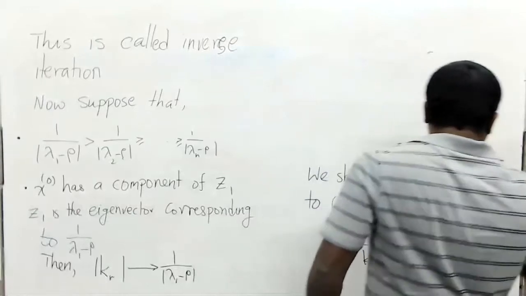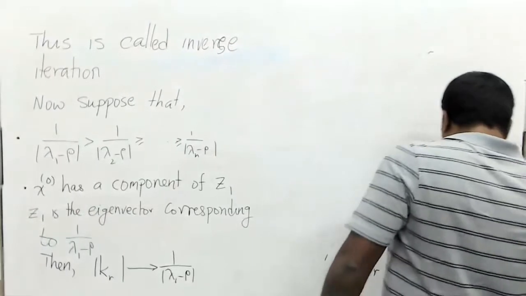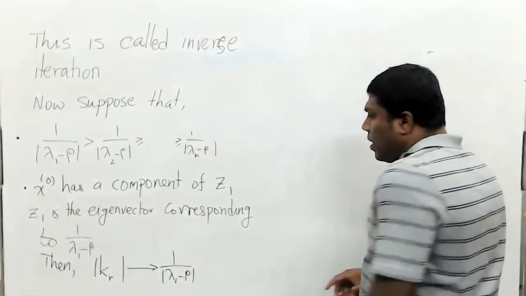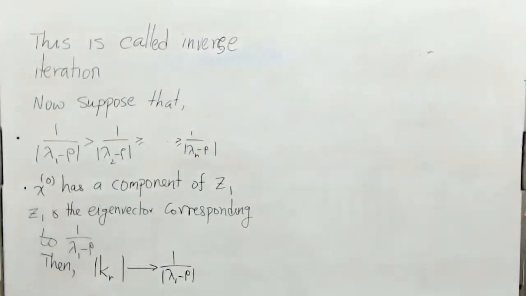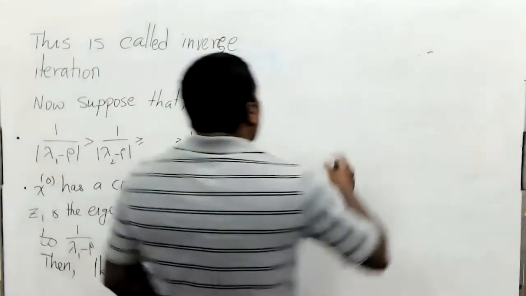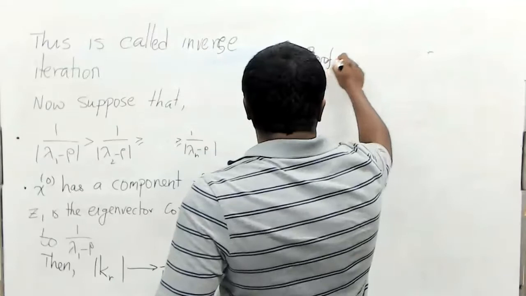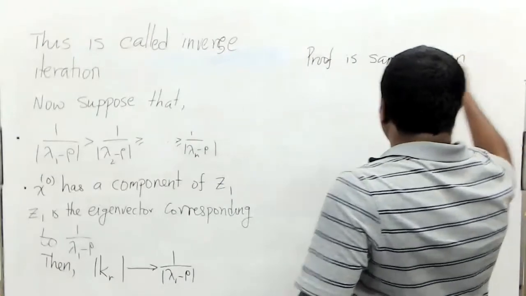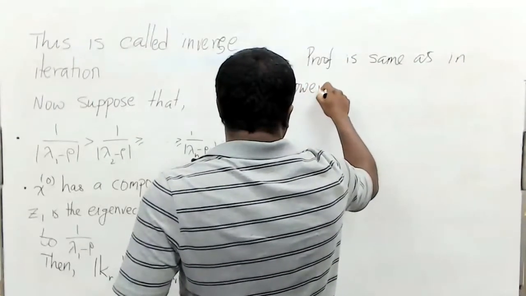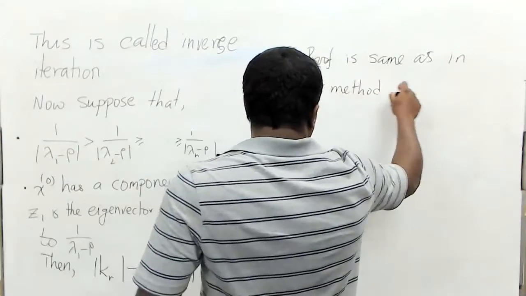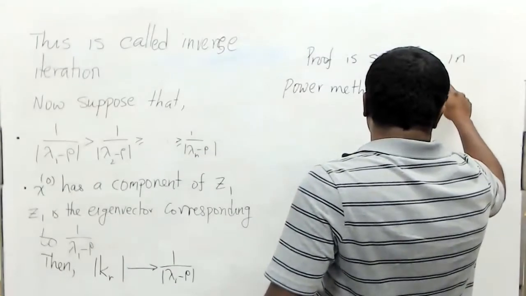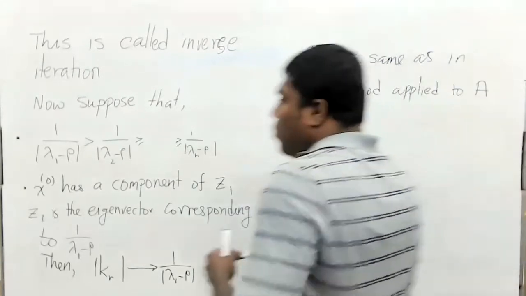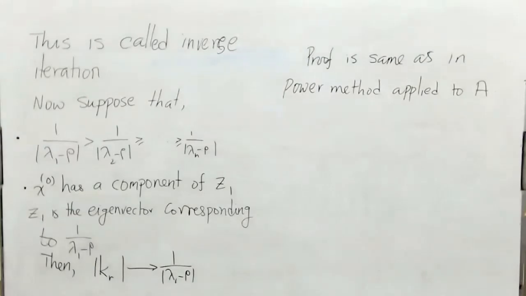I will leave it as homework for you, because the only thing you change is the matrix. The proof is very similar to the power method applied to the matrix A, so I leave it as an exercise.